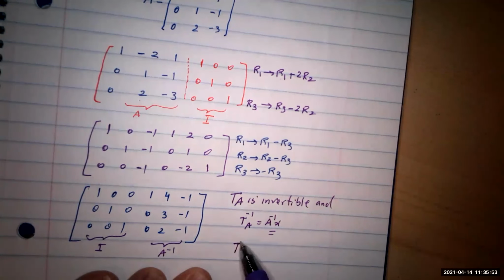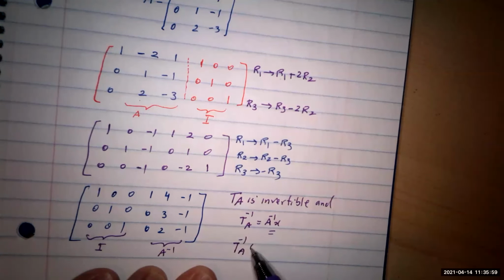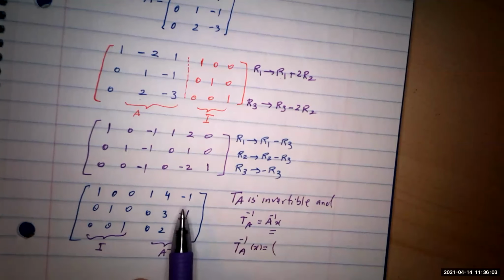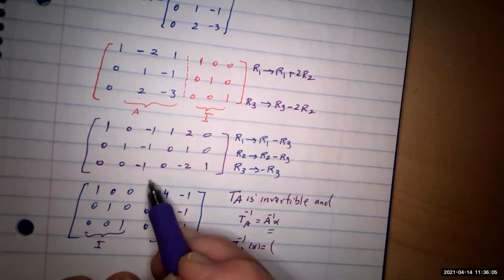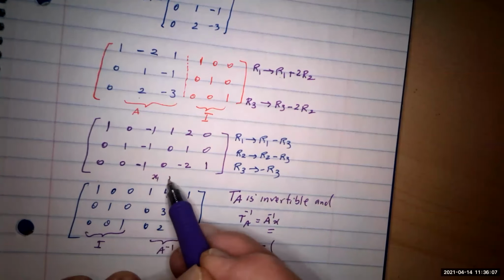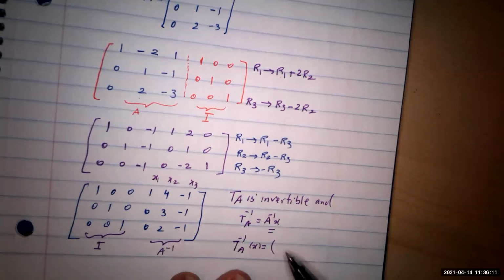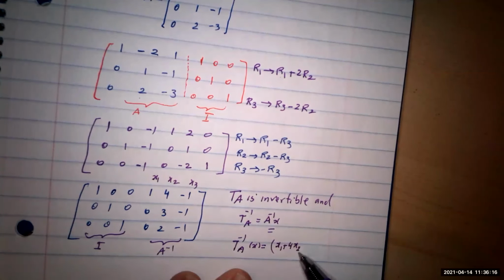The T inverse of A, at that point, at X, if you like, is going to be equal to, this is going to be the first one. You see, this is X1. You can rewrite it or just do it right away. So the first one is going to be X1 plus 4X2 minus X3.